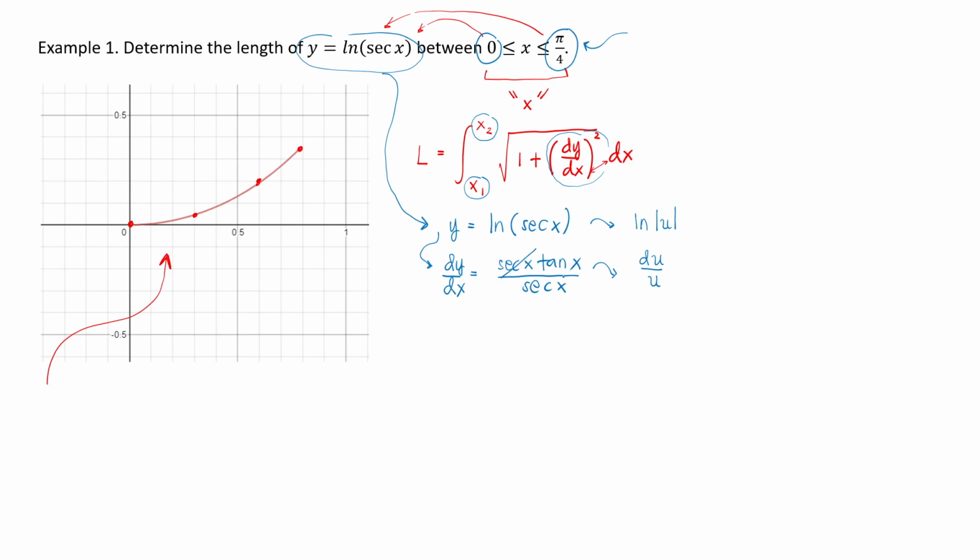So cancel secant x, and dy over dx is equal to tangent x. Getting the square, since dy over dx squared is in the formula, dy over dx squared is equal to tangent squared x.